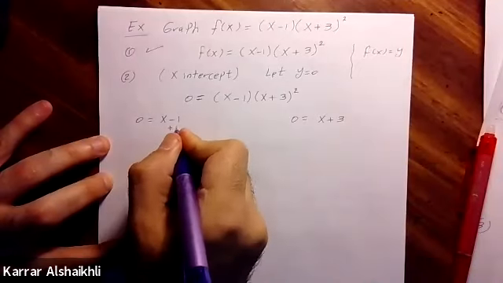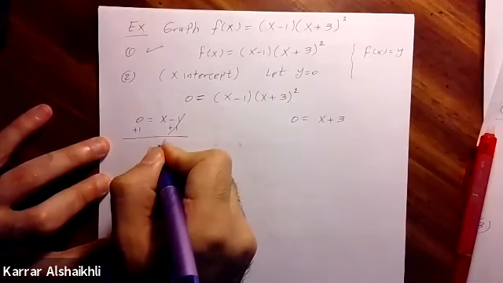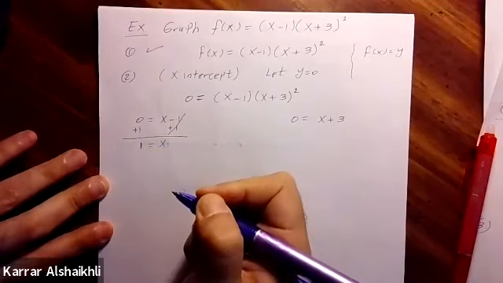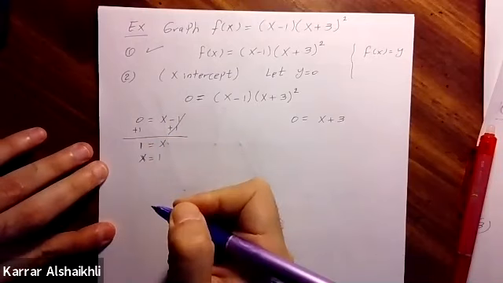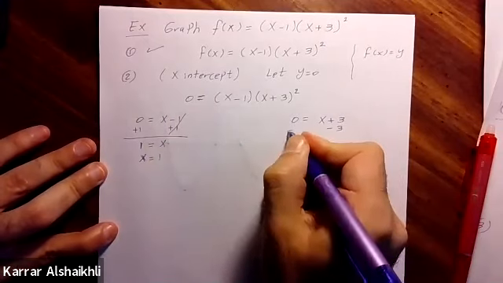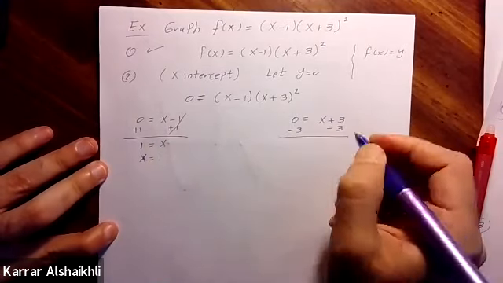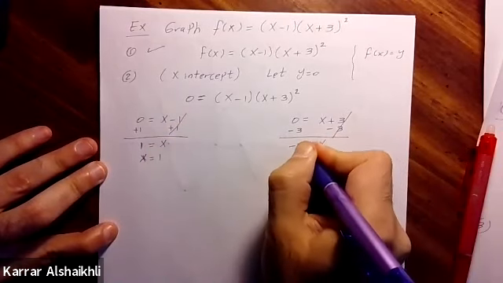Solve this one. You're going to add 1 to both sides. Cancel these. So x is going to be equal to 1. On the other side, we're going to subtract 3 from both sides. This is cancelled. So x is going to be equal to negative 3.